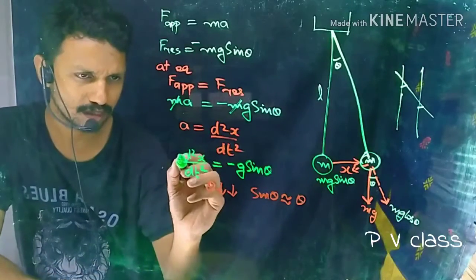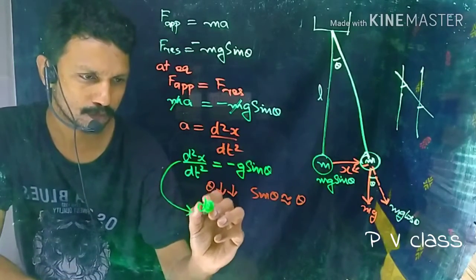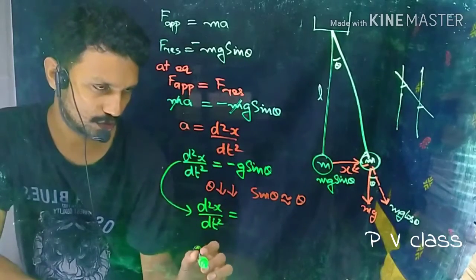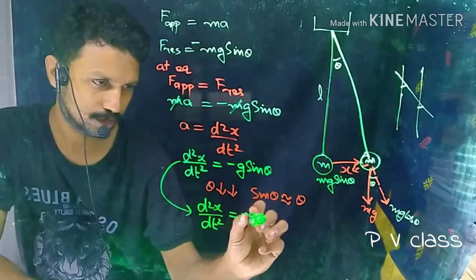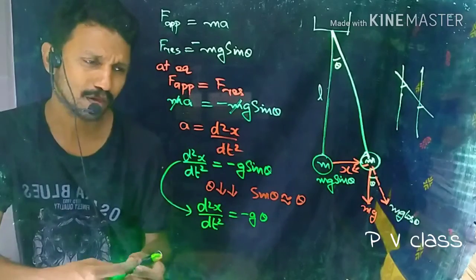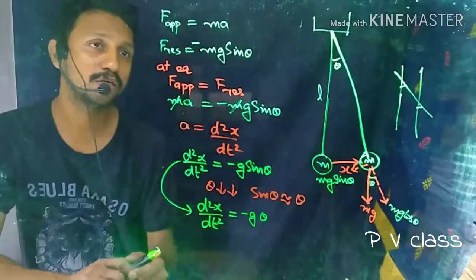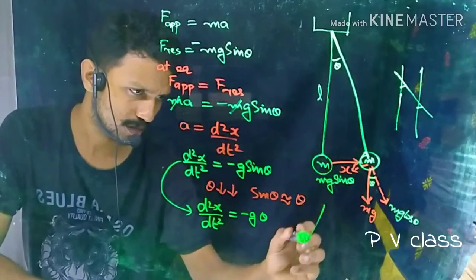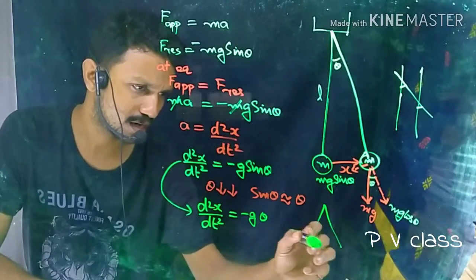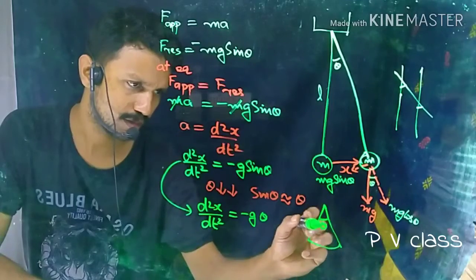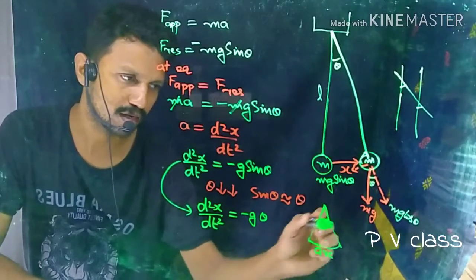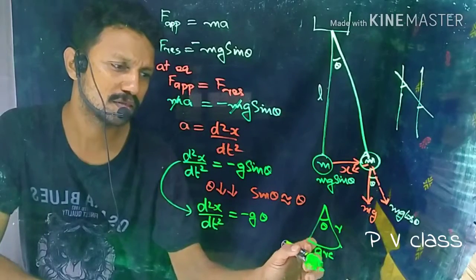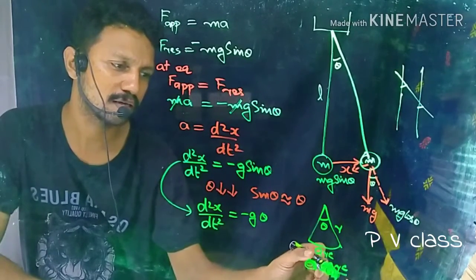As a result, I could write d square x by dt square is equal to minus g theta. And we have learned in our earlier classes a relation between angle, arc and radius. Let this be the angle, this be the arc and this be the radius. We know angle is equal to arc by radius.